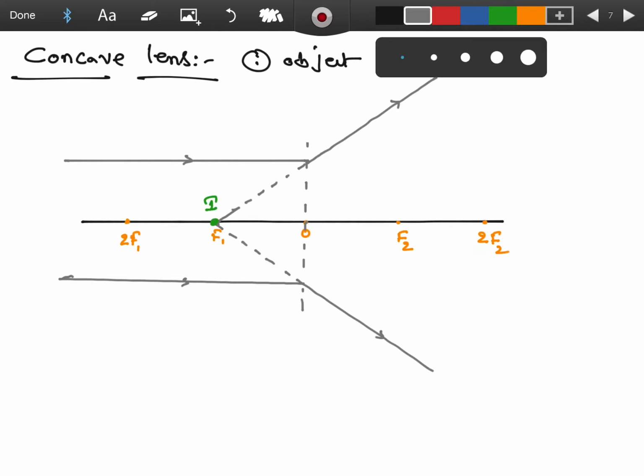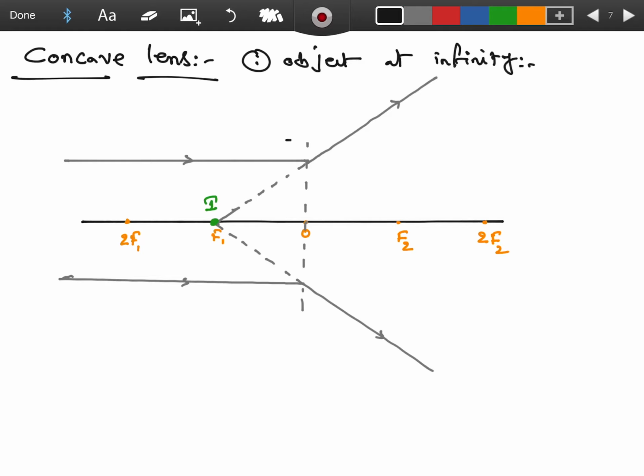See, I'll complete the ray diagram. Like this, concave lens. Students, you draw it neatly.